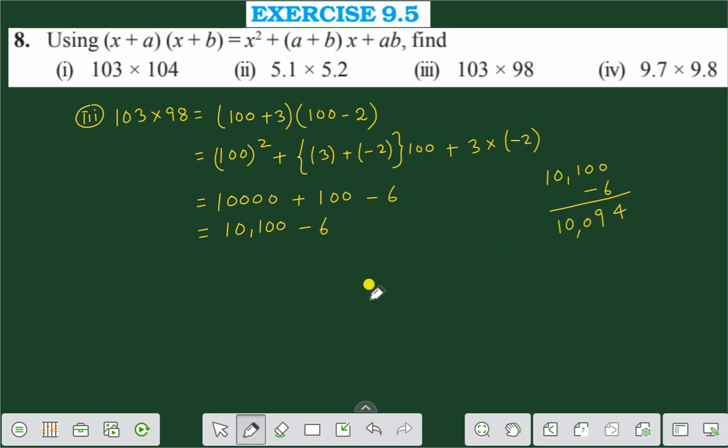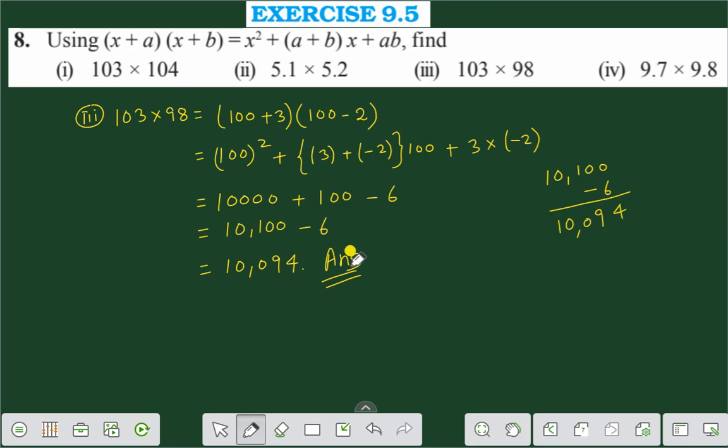Therefore, we are getting the value here as 10,094. And that is the answer of question number 3. Right? Now we will solve question number 4.